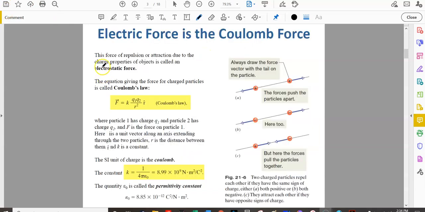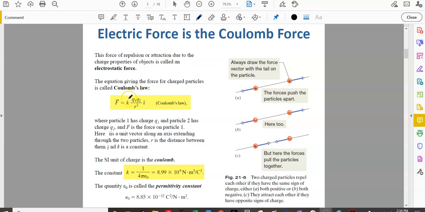You'll notice I made a little bit of a force diagram. Since we're dealing with electric forces, you're going to have to do force diagrams, and you're going to be using Coulomb's law, which is K, Q1, Q2 over R squared.